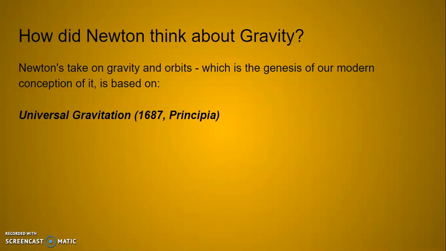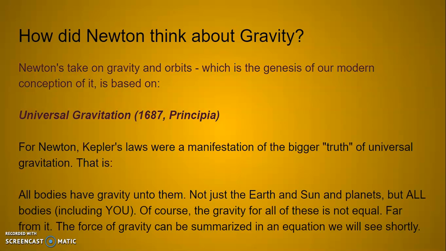He thought of gravity in orbits in a very particular mathematical way, and it was related to the law of action and reaction. He first published it in the same giant, amazing work of genius where the laws of motion first appeared, his Principia Mathematica in 1687.